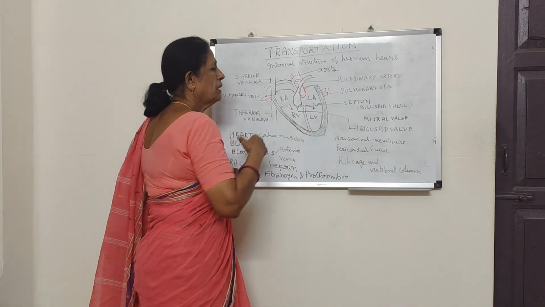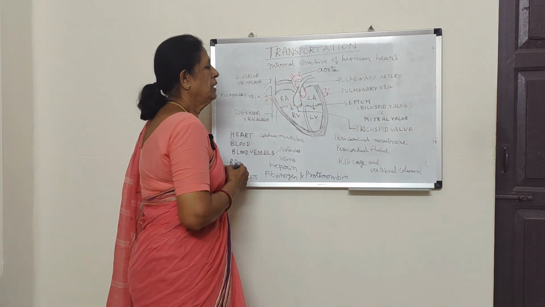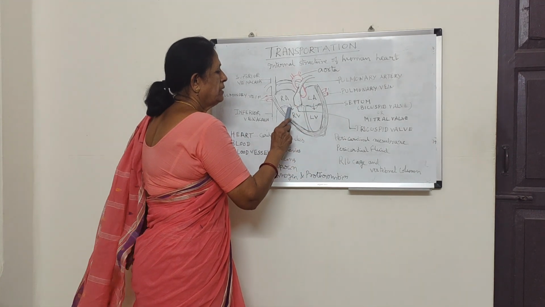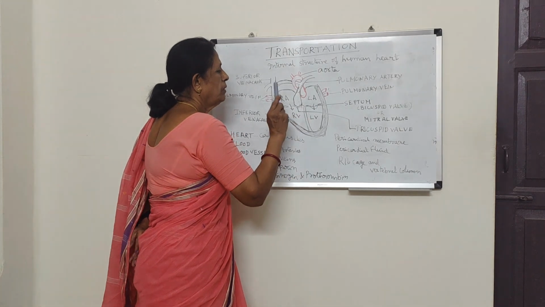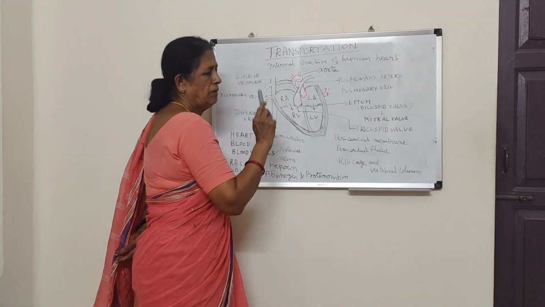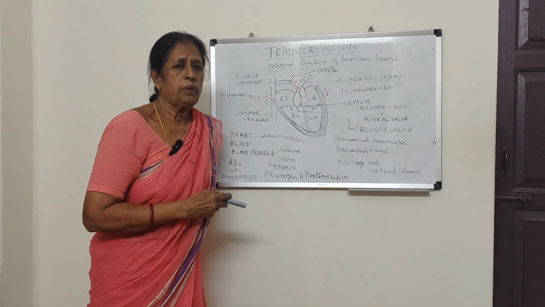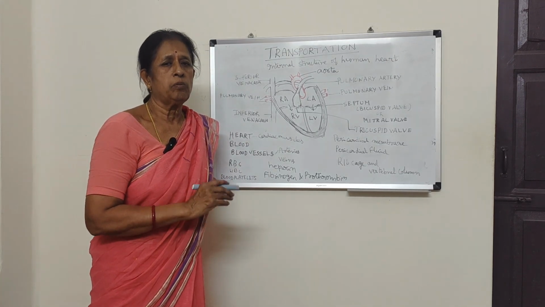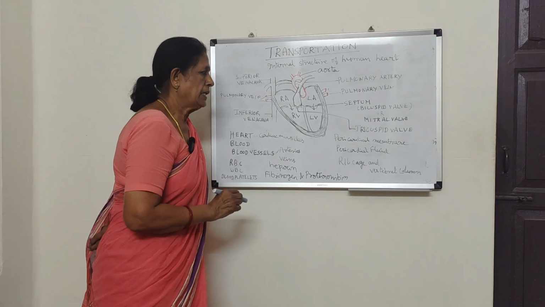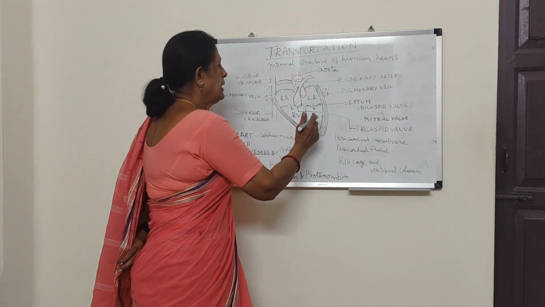So we have the tricuspid valve, bicuspid valve, pulmonary valve and aortic valve. These are the valves which prevent backward flow of blood. They allow the blood to flow only in one direction. So that is the circulation of the blood.